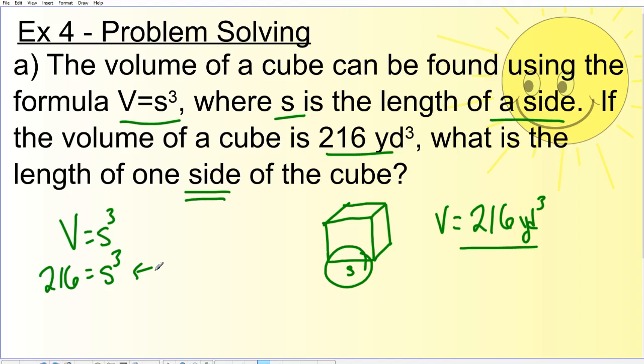Our variable is cubed. So to solve that problem, we're going to uncube it. We are going to cube root both sides. That makes these guys cancel out, and you get S equals, on the other side, the cube root of 216 is... oh, you got tables back here to look at.